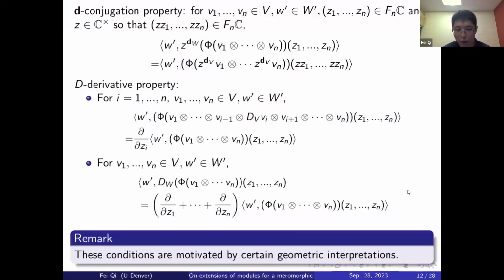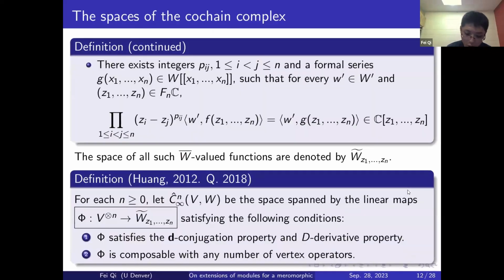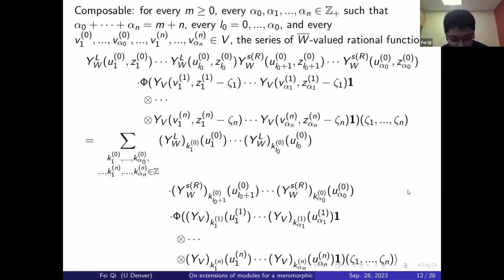All right, so this is the first set of conditions. They look complicated, but it's not really that bad. What's really bad is the next condition, being composable with any number of vertex operators. This condition is very complicated, in the sense that even in Huang's earliest paper, he made a mistake about it. His assumption turned out to be insufficient, and he had to post a correction on the website.